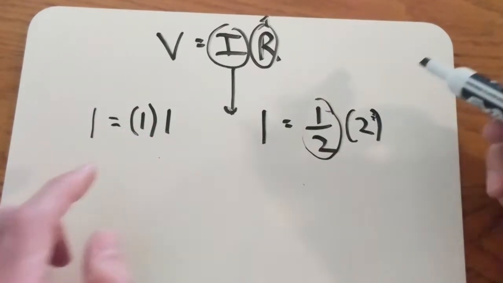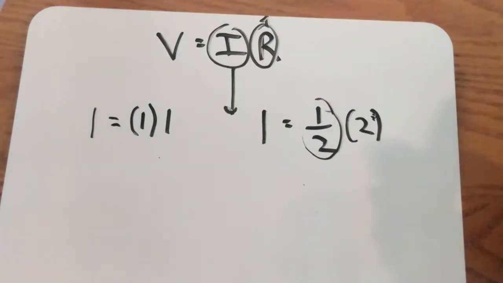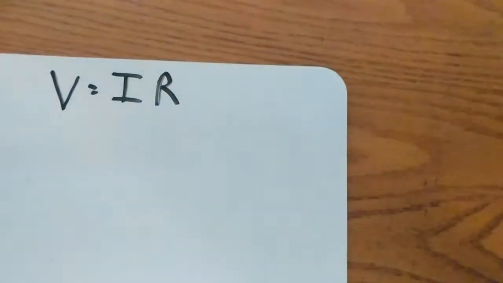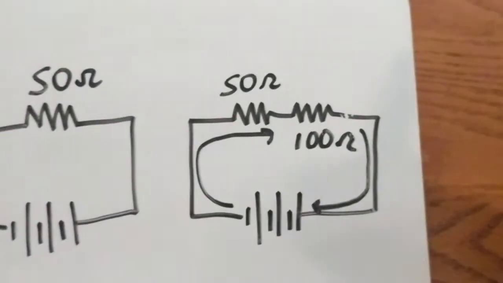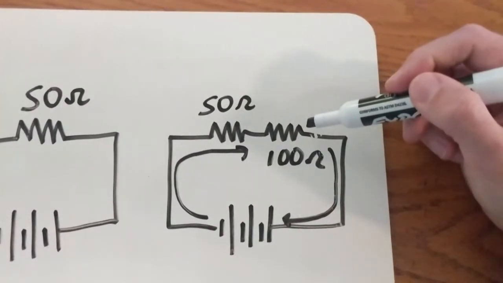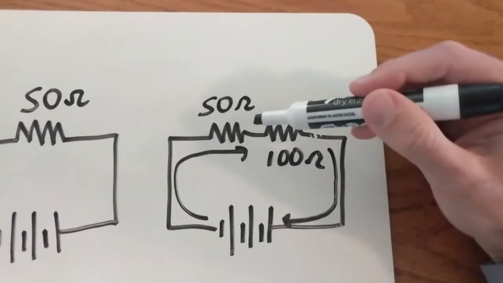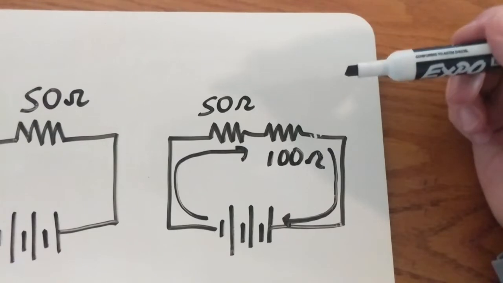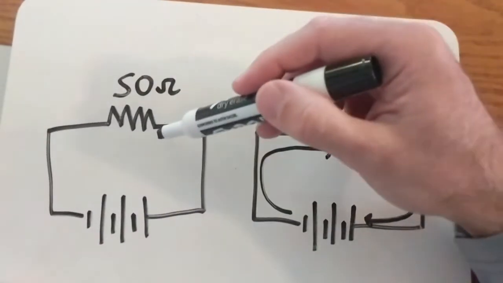All right, so now if we apply that to our particular problem, we now have to calculate what this new resistance is, because we have two resistors here, and how we work circuits is we always want to be able to work it down to one resistance.